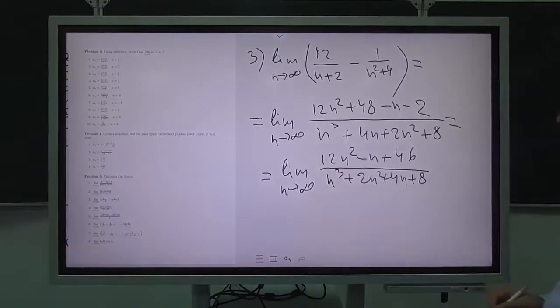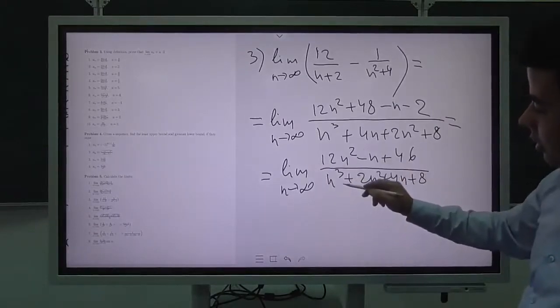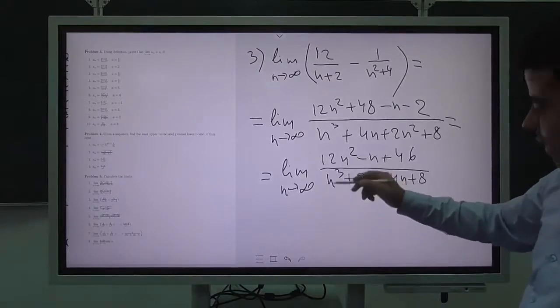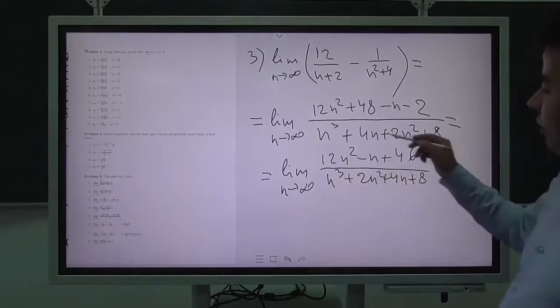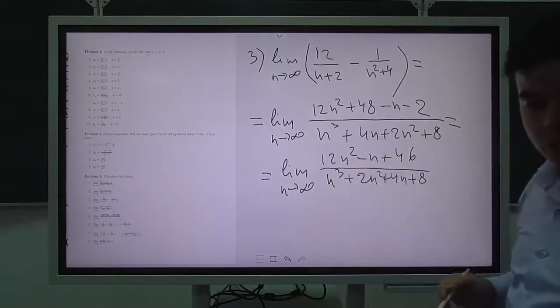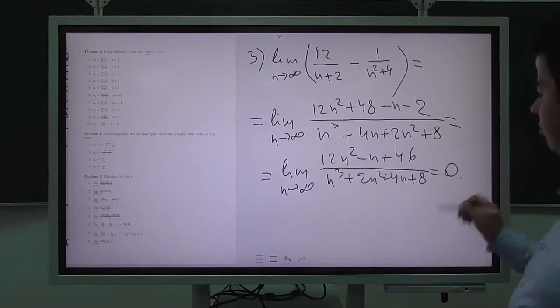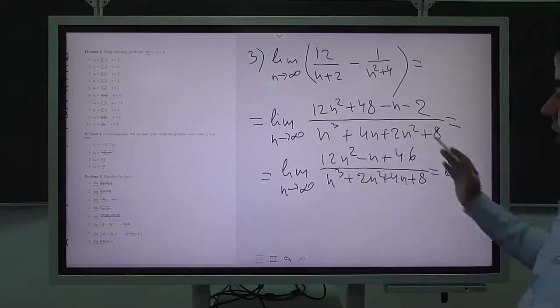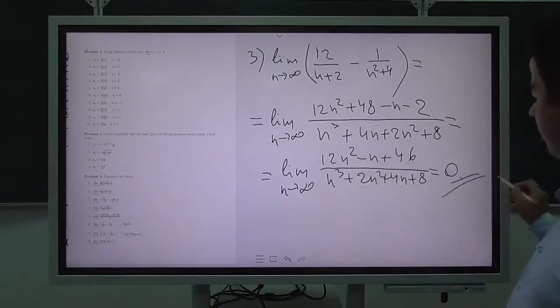So here the power of n from the denominator is greater than the power of n of the numerator. So the answer is just 0. You can continue by dividing by n cubed and you get 0 again.